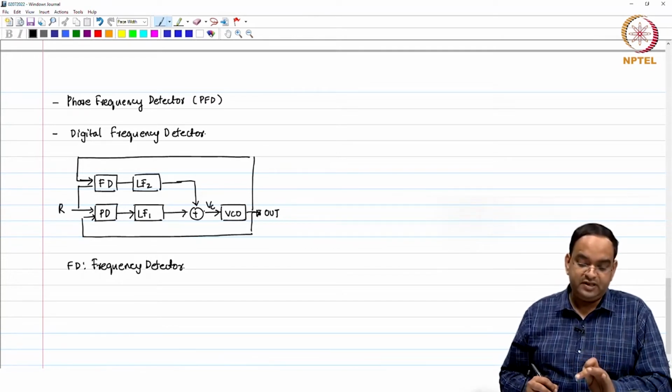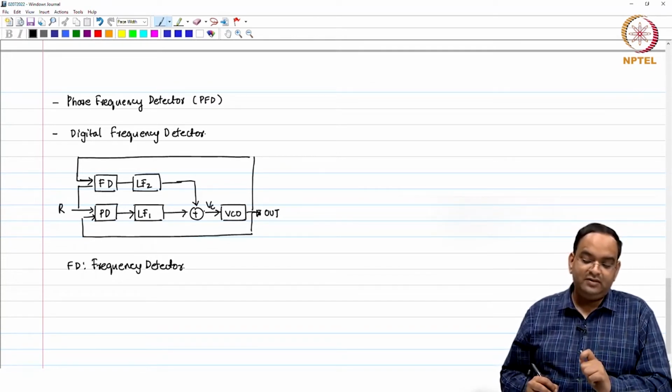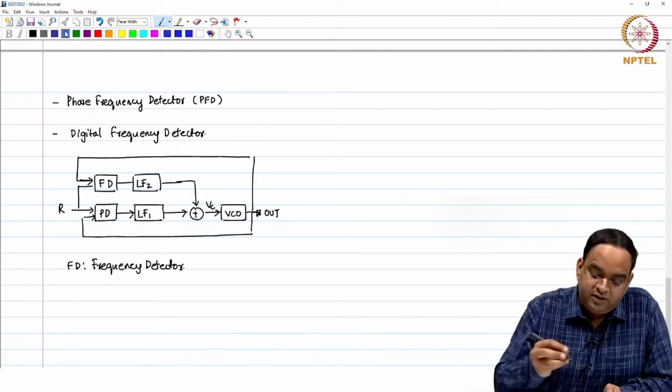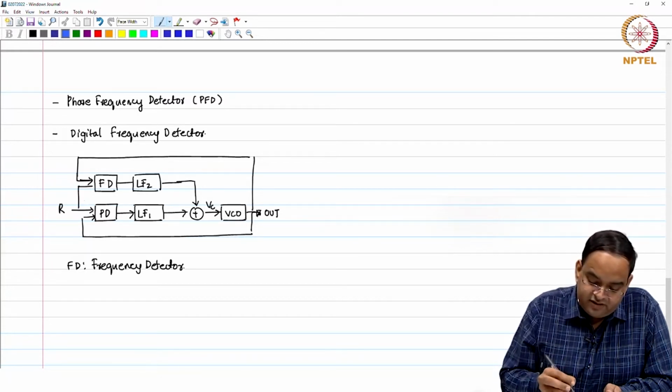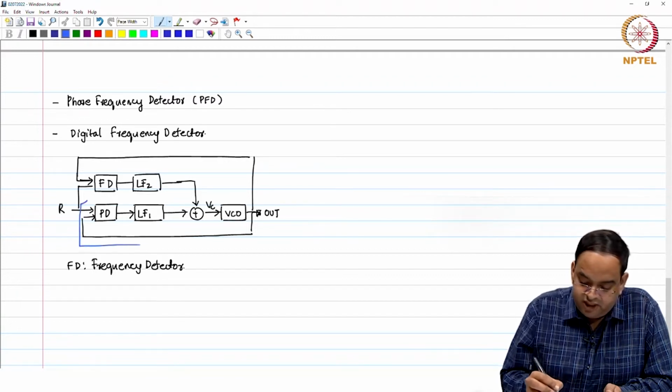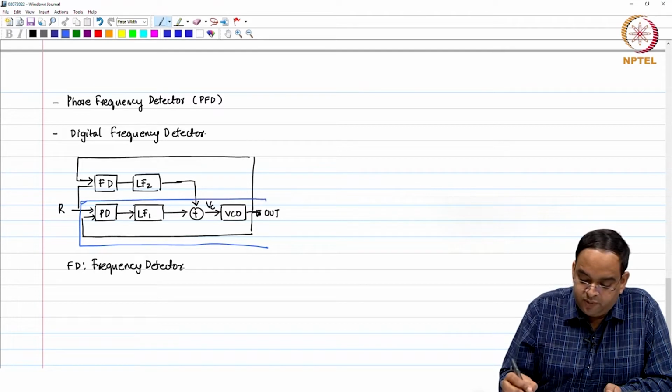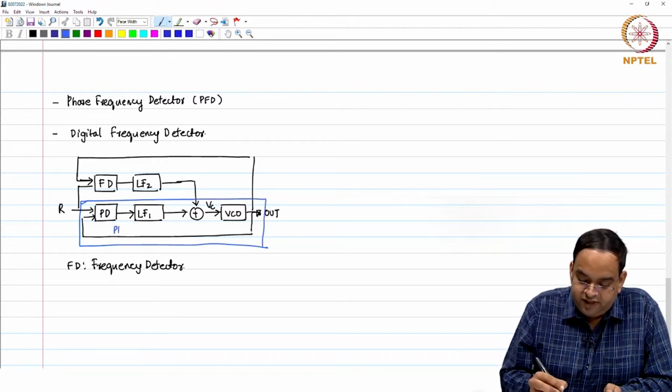One is the phase detector loop and the other is the frequency detector loop. The loop where you normally correct the phase error is called the PLL loop, phase locked loop.